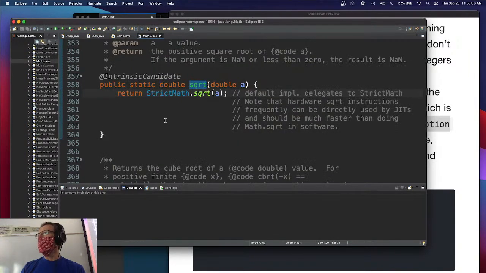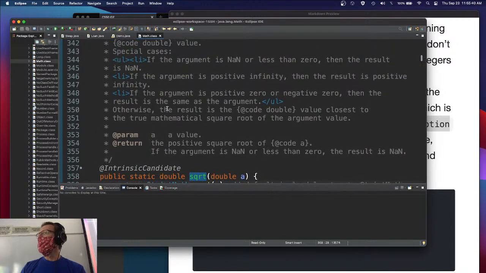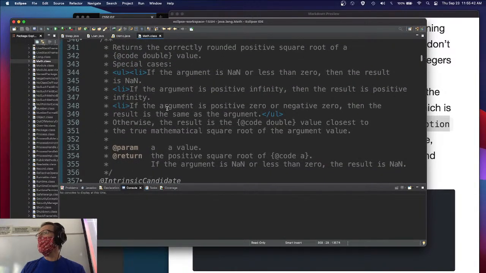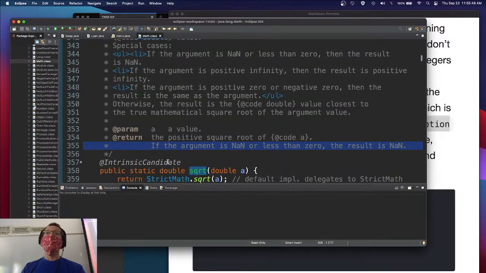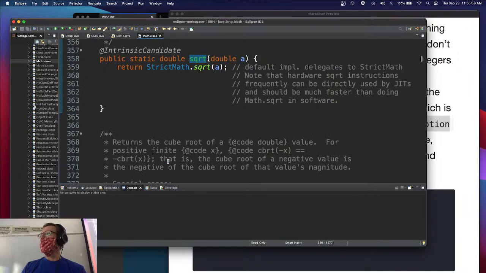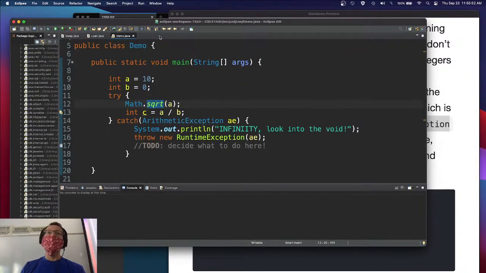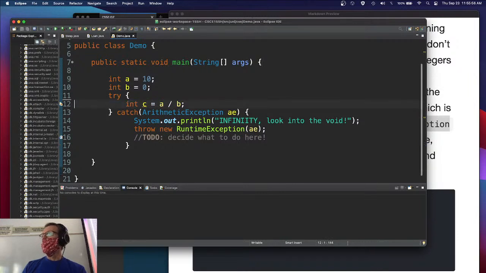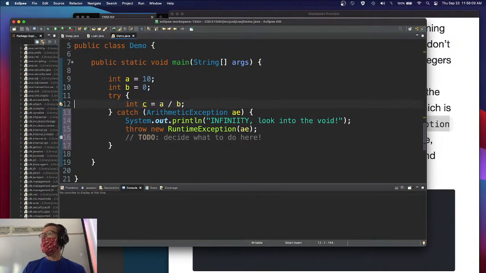The documentation says if the argument is NaN or less than 0, the result is NaN. So it just returns NaN. It doesn't actually throw an exception, according to the documentation. So let's get rid of that. But division by 0 does. Let's fix that up.